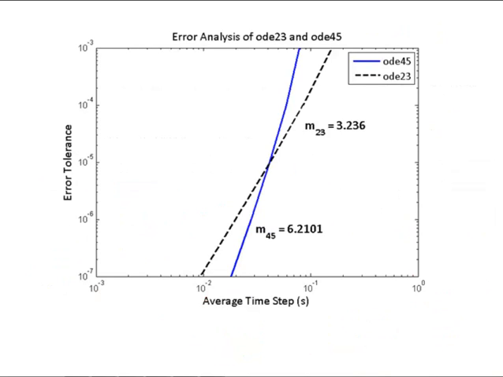And this is again in solving the van der Pol equation. It'll change a little bit depending on which differential equation you're solving, how stiff it is, what type of oscillations the solution exhibits, etc. But what we see here is plotting the error tolerance, and I've done this on a log-log plot, so we're looking at logarithmic scales here.